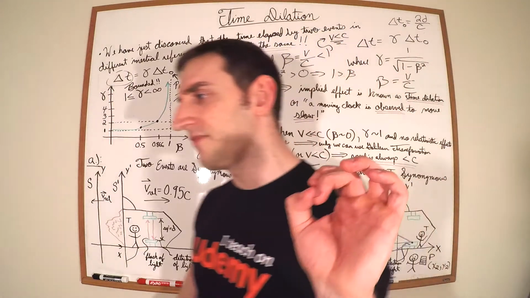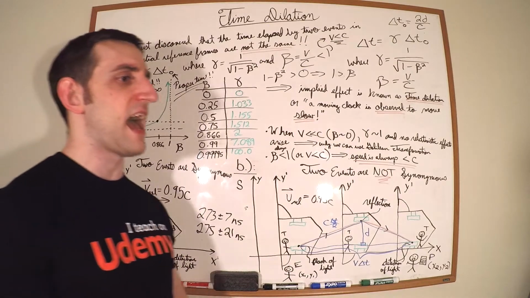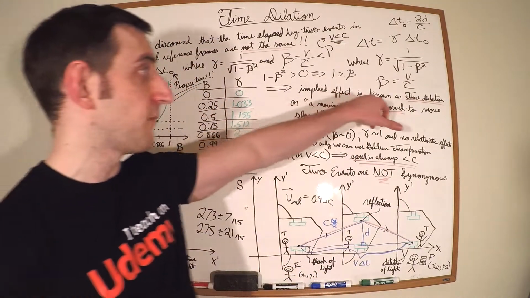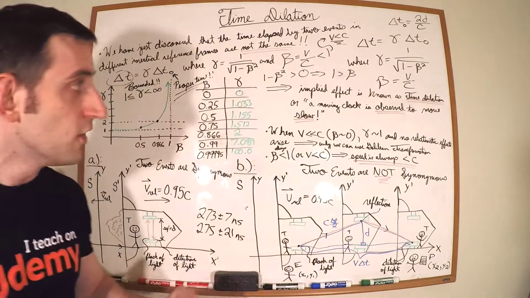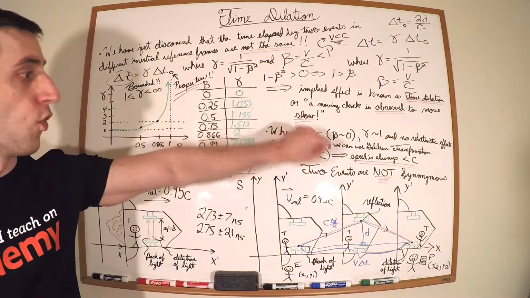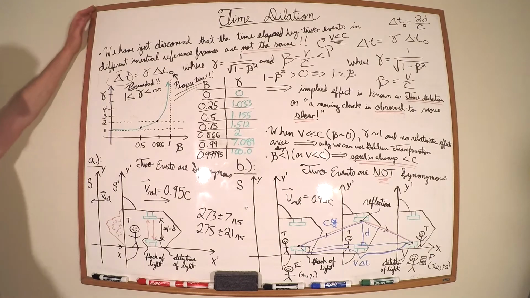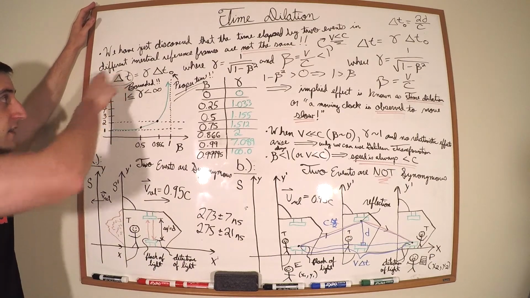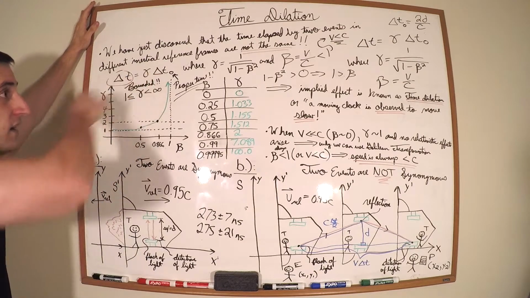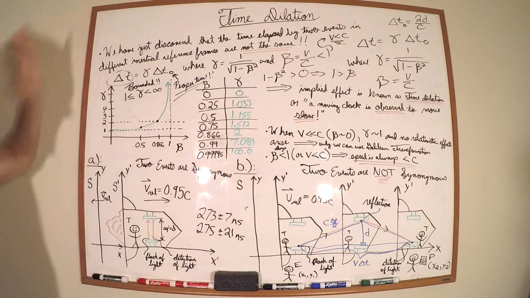So as a consequence of this fact, when you account for that, do some experiments, what we find is that time dilates, okay? The implied effect from it is known as time dilation, or that a moving clock is observed to move slow, okay? So using this, we developed this relation here. Delta t, the time where the events are not synonymous, is equal to this Lorentz factor times the proper time where the events are synonymous, and it gets dilated.